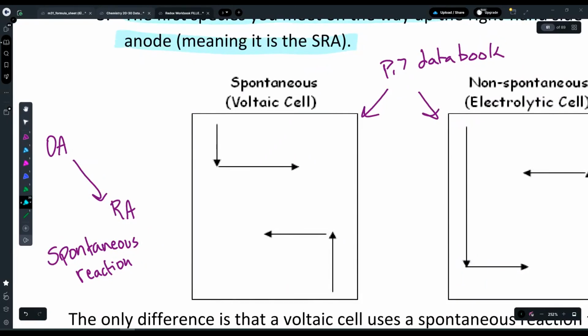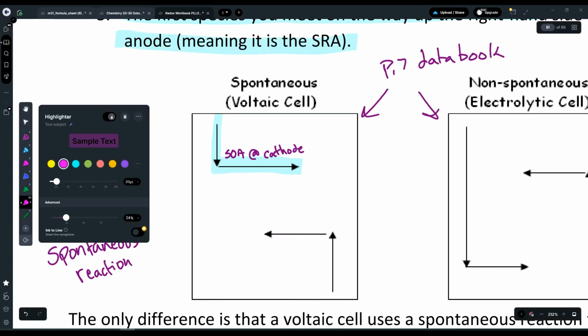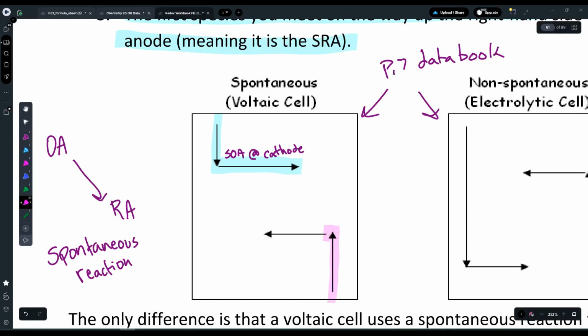So here with this line, this is to represent the reaction you pick for your strongest oxidizing agent, and that's the reaction that occurs at the cathode. Whereas over here, this will represent your SRA reaction that happens at the anode.